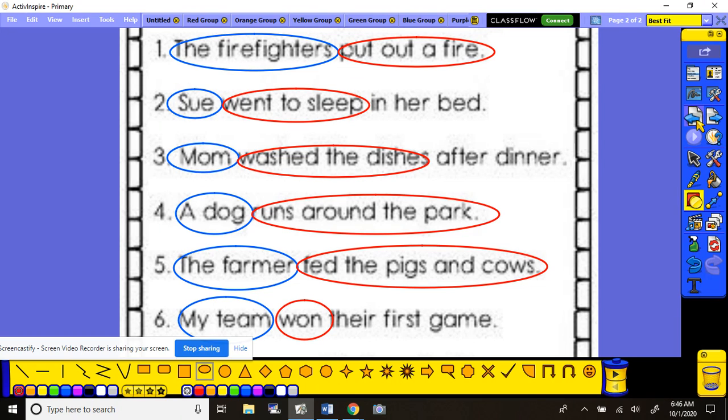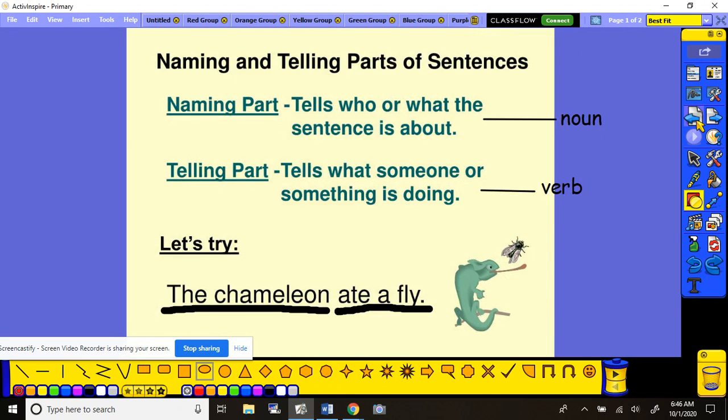So complete sentences have a capital at the beginning and a punctuation mark at the end, and they have a naming part, which has a noun that tells us who or what the sentence is about, and a telling part that tells what that someone or something is doing. It has the verb, the action. So when you're writing sentences, see if you can find your naming and telling parts. And remember, we write in complete sentences.